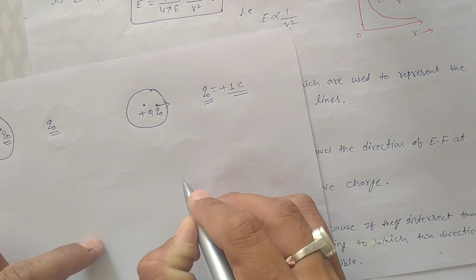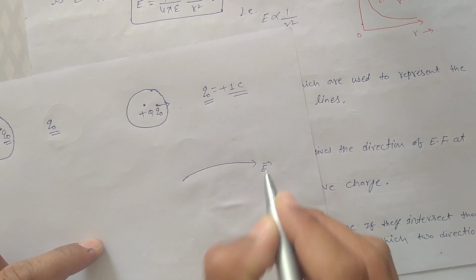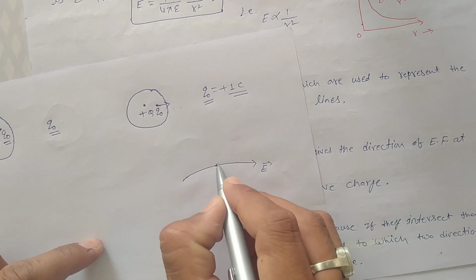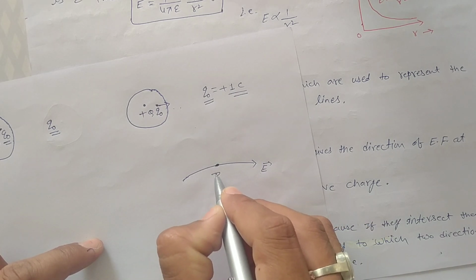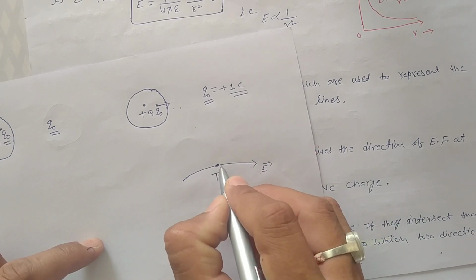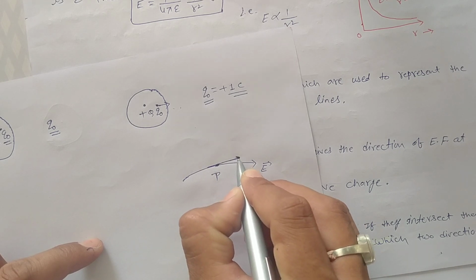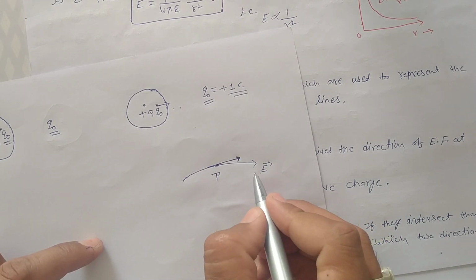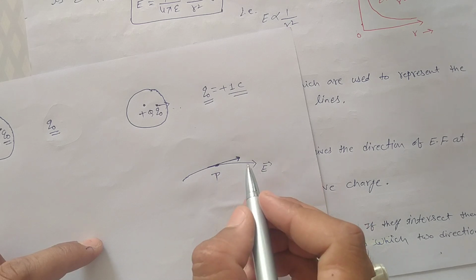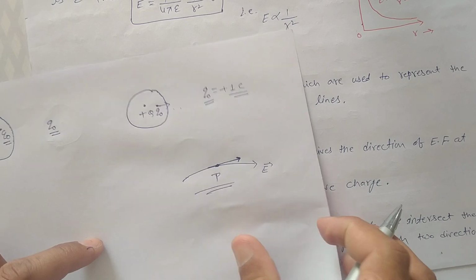Suppose we have an electric field line like this, and suppose this point is P. If we draw a tangent at this point, then the direction of the tangent represents the direction of the electric field at that point. Okay.